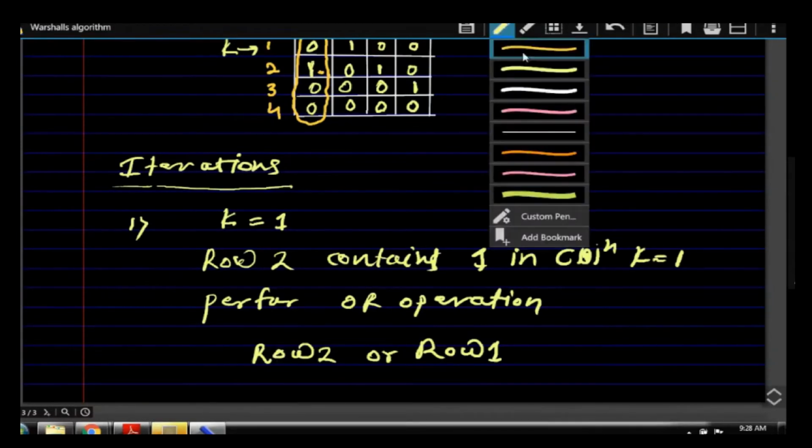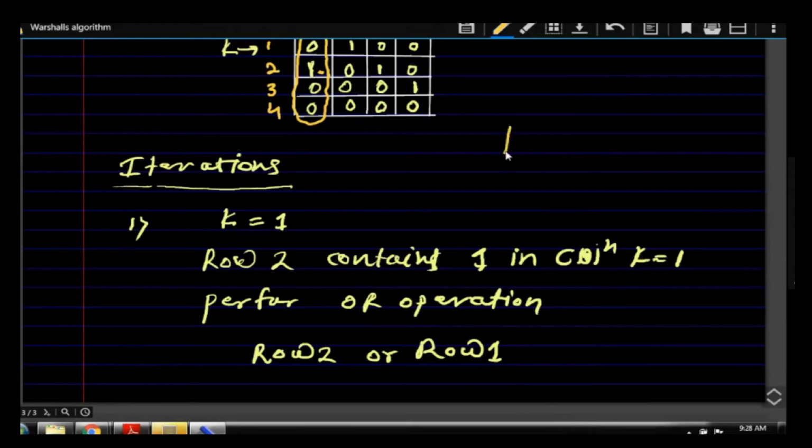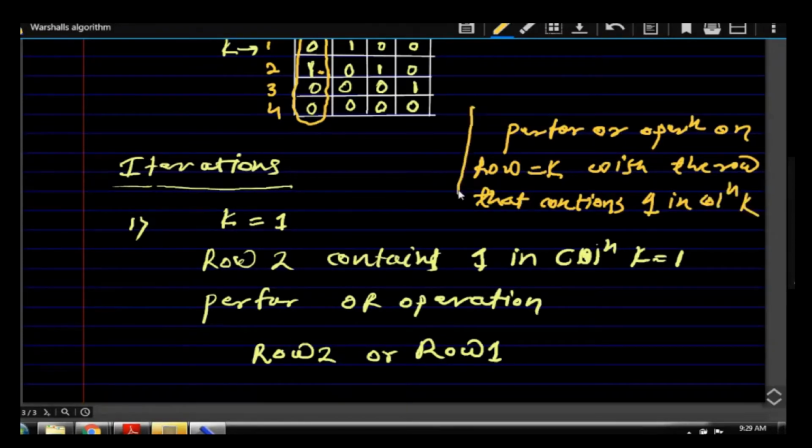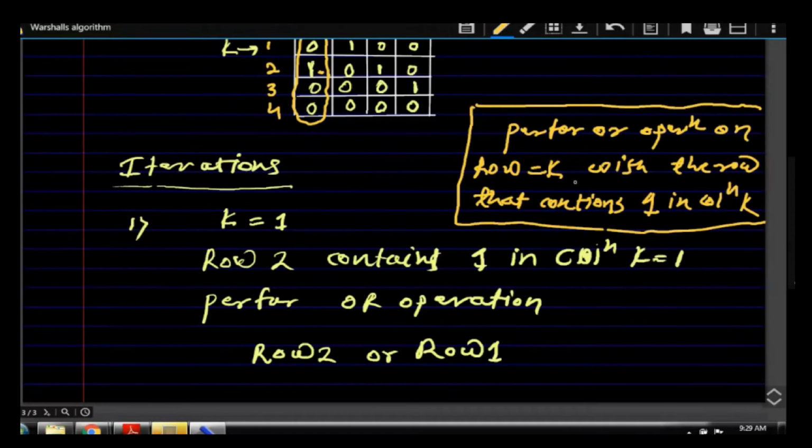Let me write in short: perform OR operation on row equals k with the row that contains 1 in column k.